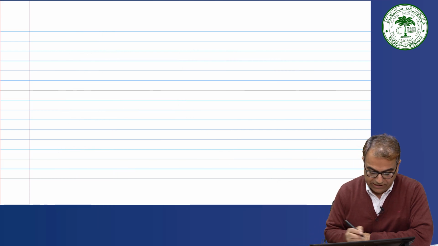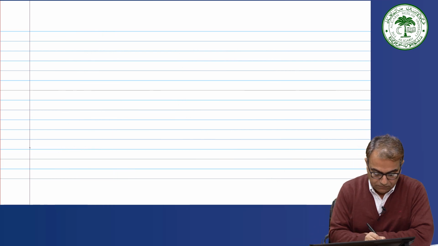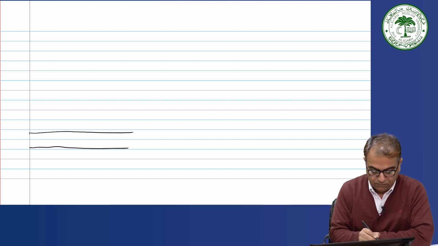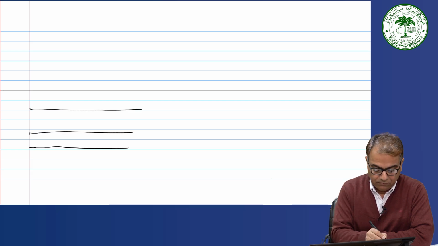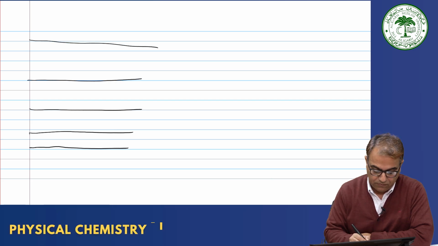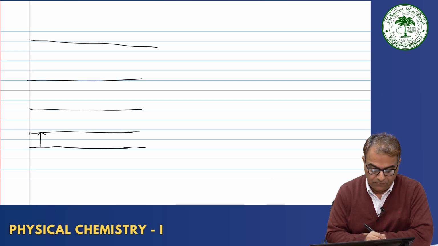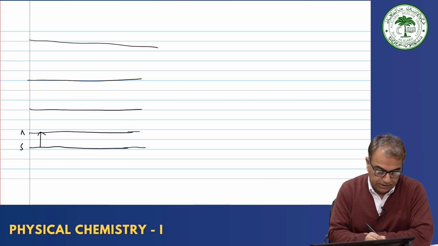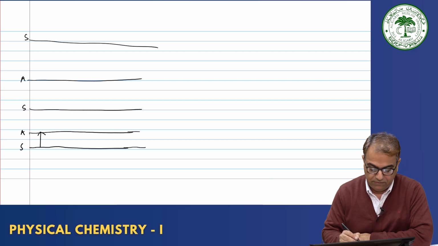If you look at the energy levels, one is symmetric, another is antisymmetric, it is possible. Okay. So this is symmetric, this is antisymmetric, this is symmetric, this is antisymmetric, this is symmetric.